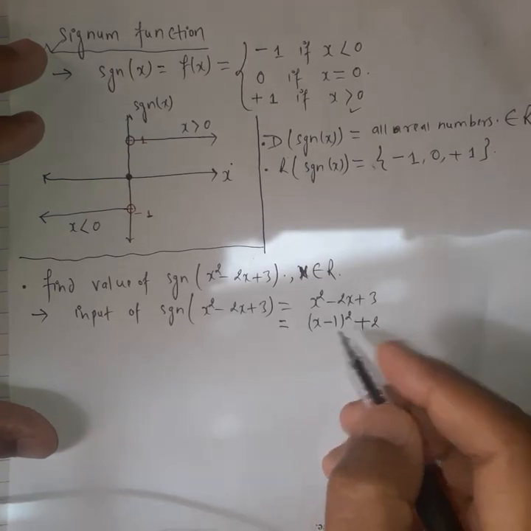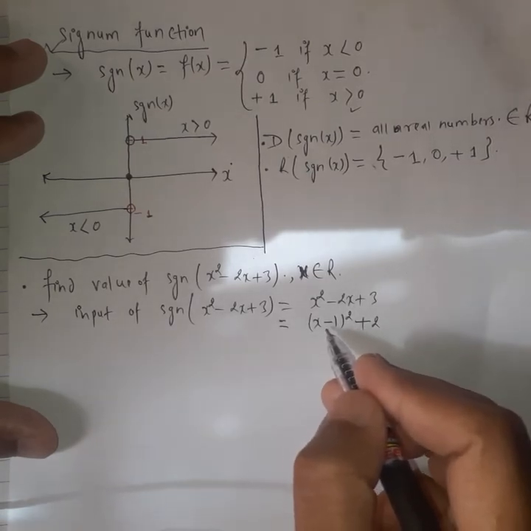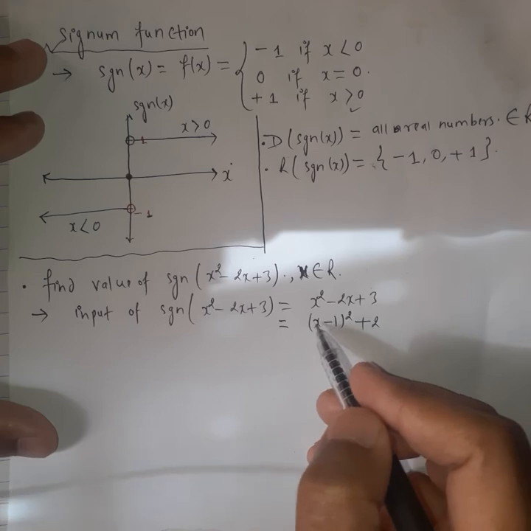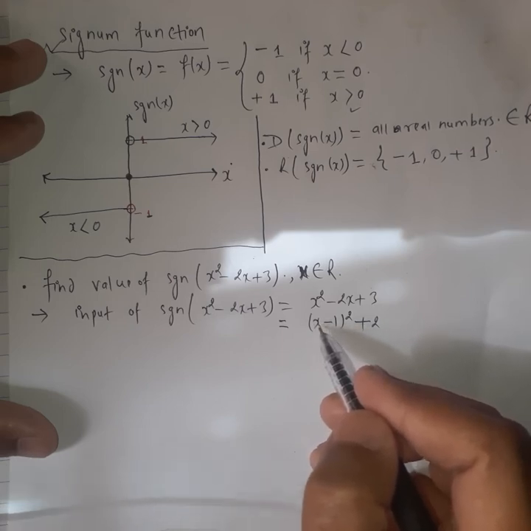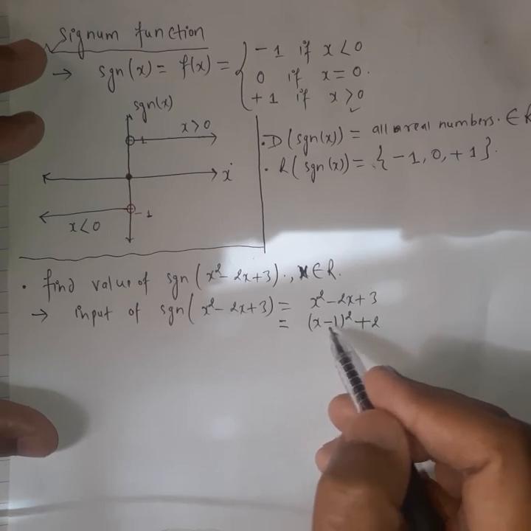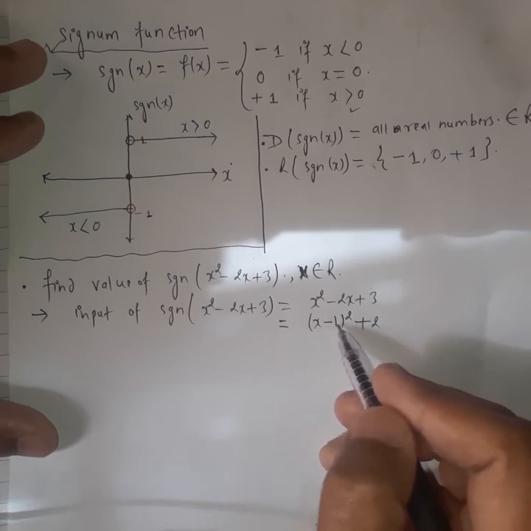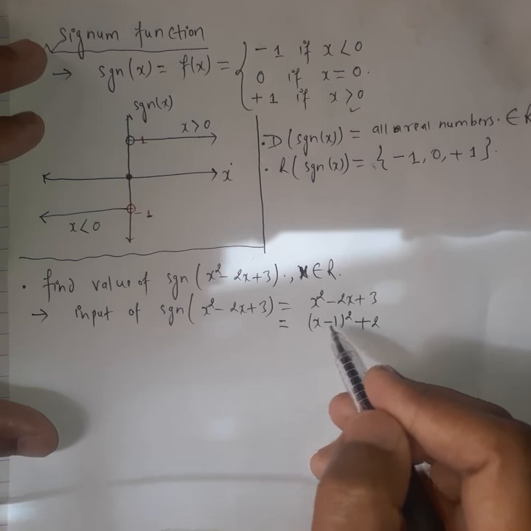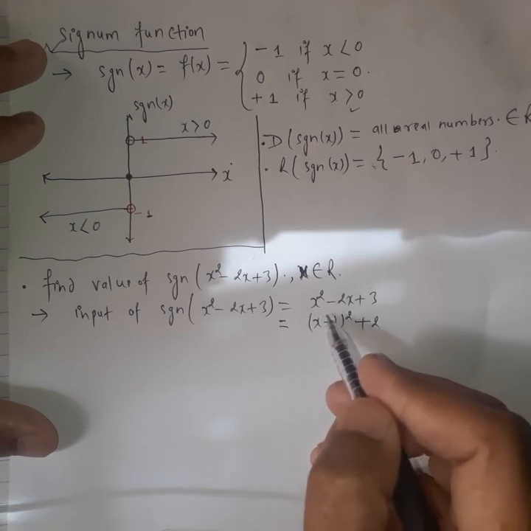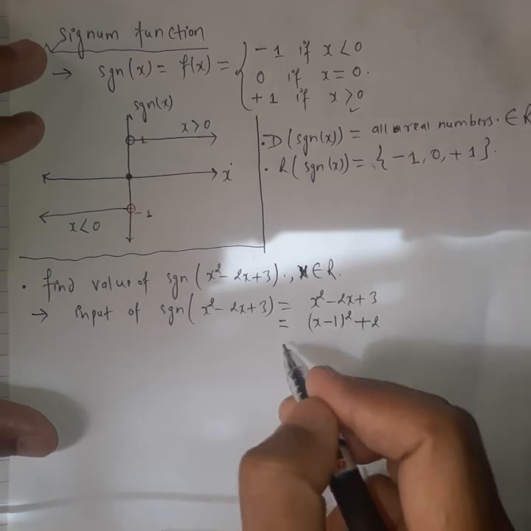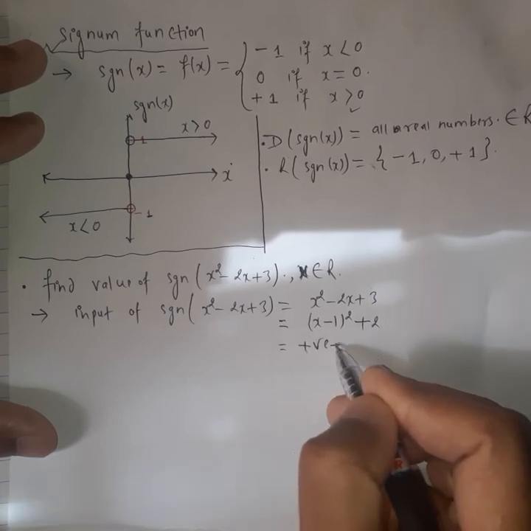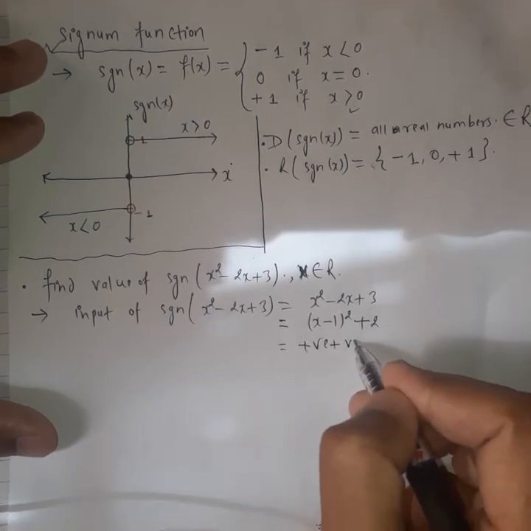If we take any value of x, either positive or negative, the first term, x minus 1 whole square, always gives a positive value, since it is a square. A positive value plus 2 means positive.